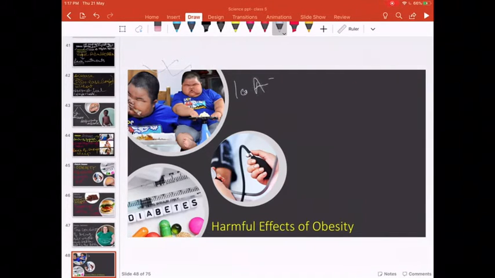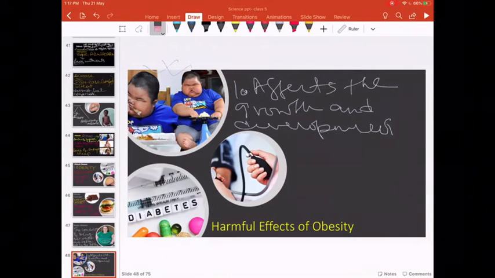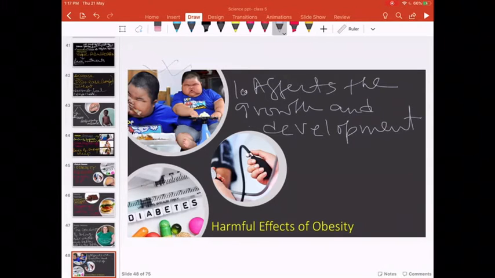It affects the growth and development in children.